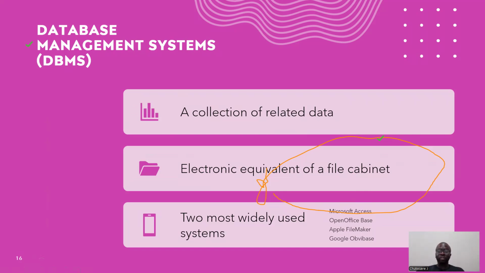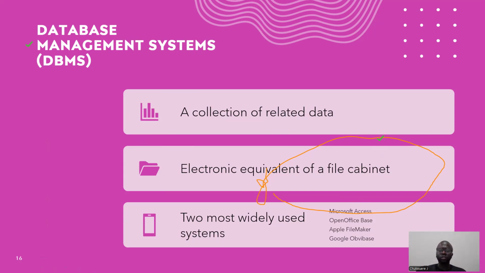It's a digital representation of what you can see at the library, where you see all those books put into different sections, labeled according to faculties, schools, departments, and subject areas, and so on and so forth. In the same manner, your database enables you to organize your files, your data, in a proper manner. But now it's being done electronically.